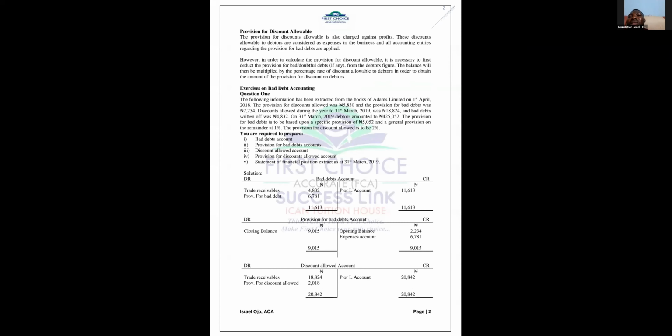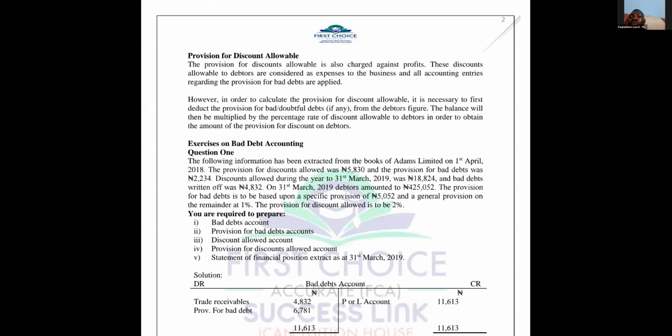Now, after that being said, there's what we call provision for discount allowed as well. The provision for discount allowed is, at the end of the year, at the end of the month, if you allow people to enjoy discount, you can also make provision for it, based on certain customers who will take advantage of this discount.